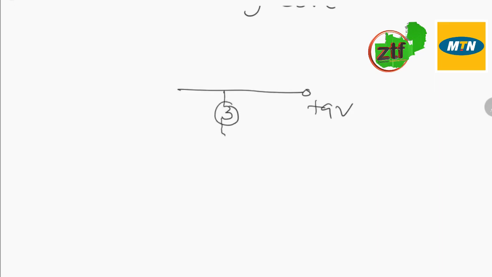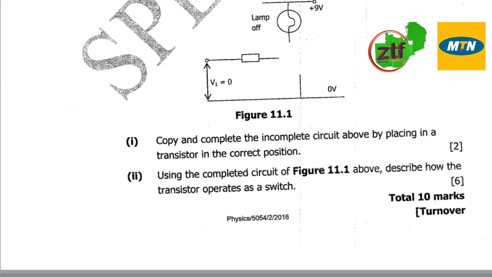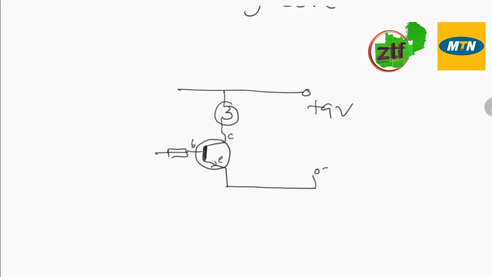Then we have a protective resistor here, and so we are going to put the symbol for the transistor there, and we draw this transistor, and we put collector, we put the base, and then we put the emitter, and then this can go to 0, which is negative, if you like, and then this will come this way.